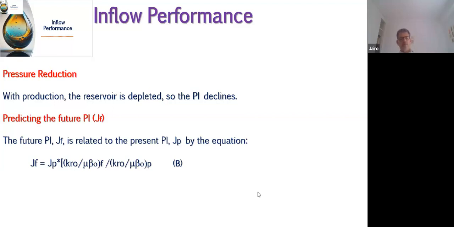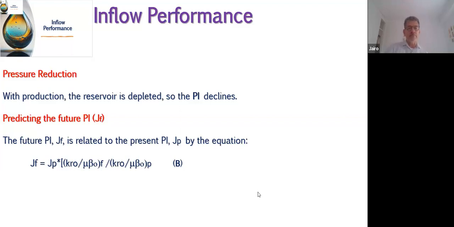So here we have the present productivity index and the future productivity index. As we see, it is a function of the parameters that depend on the pressure, like relative permeability to the oil, viscosity, and volumetric factor for the oil.